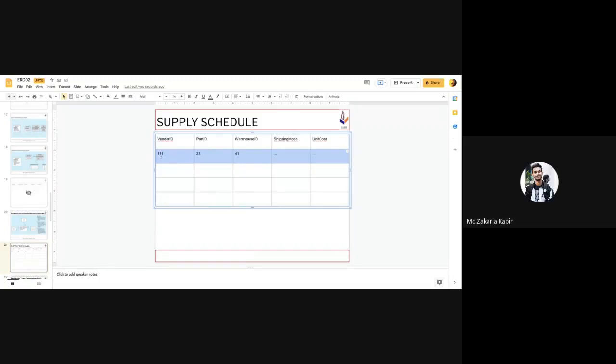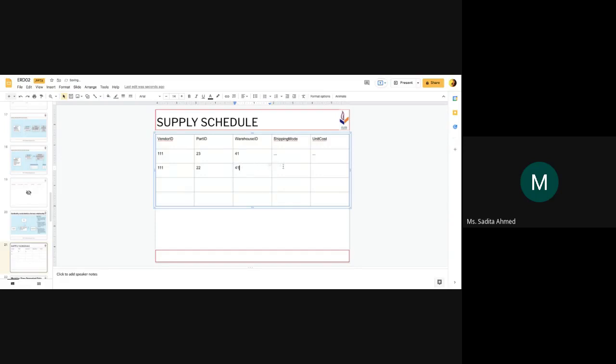No, ma'am. This same vendor ID can be there in another row. It could be that the same vendor is supplying a different part to the same warehouse, okay? Or let's say the same vendor supplies this same part to a different warehouse at a certain shipping mode, and then we have a different vendor ID, and so on.